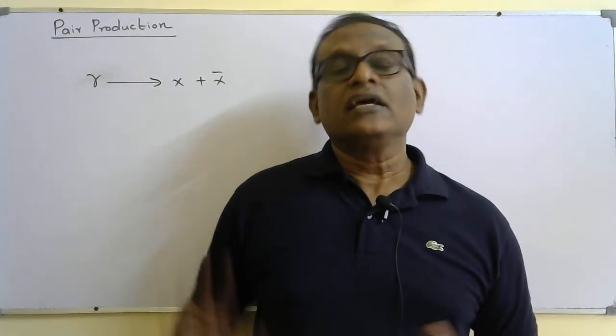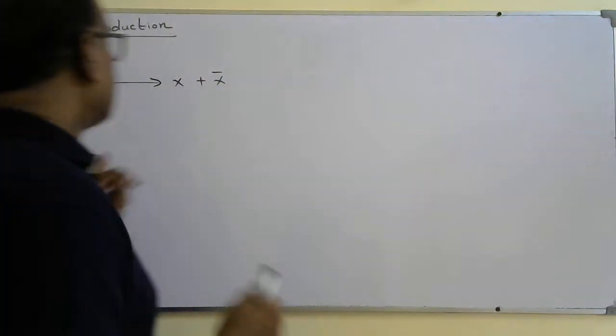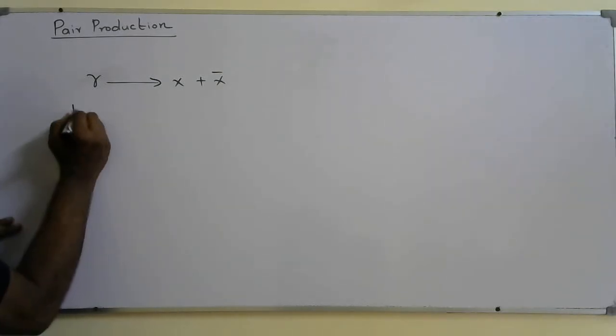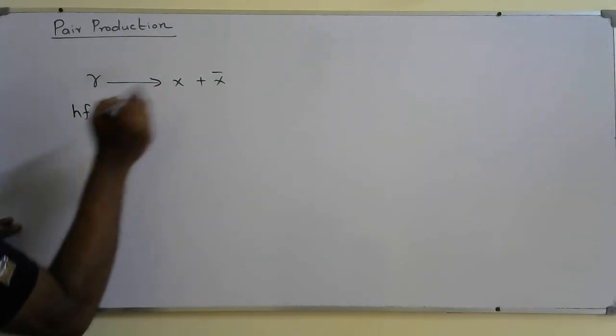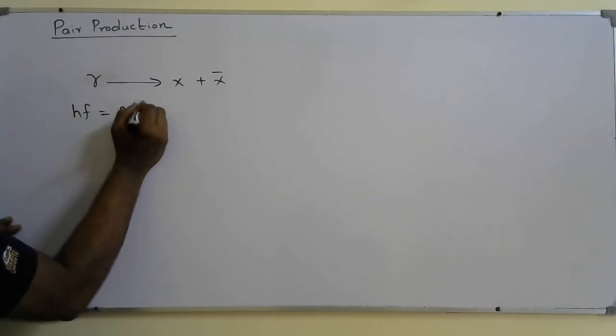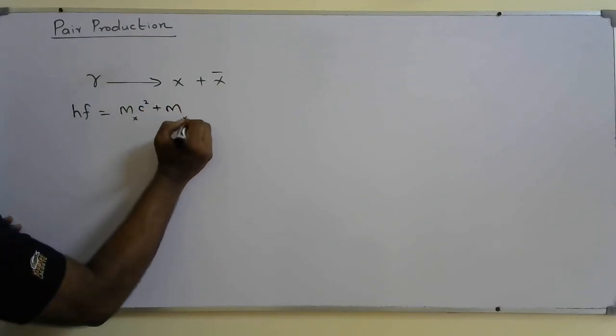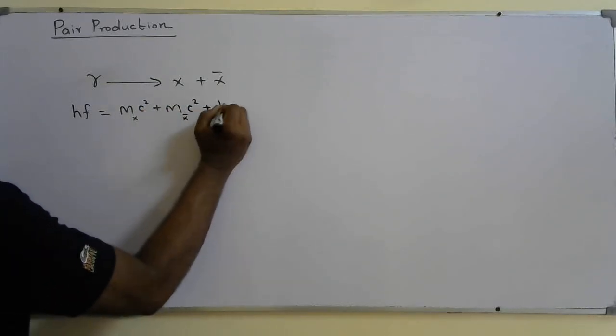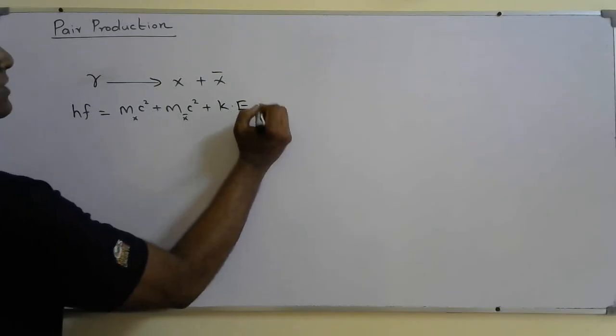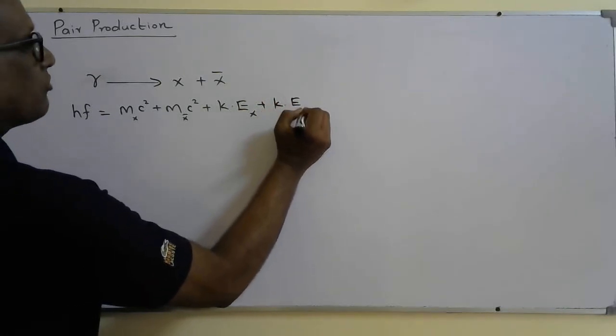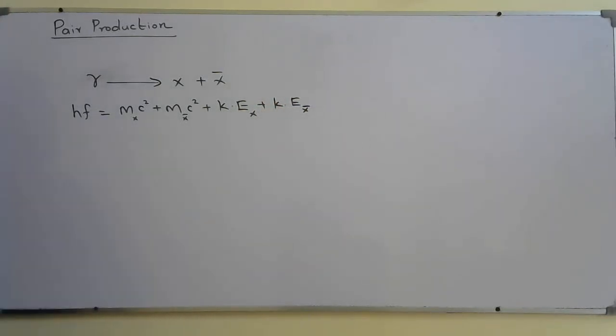So the energy of a photon, hf, is equal to mass of x c squared plus mass of x bar c squared plus kinetic energy of x plus kinetic energy of x bar. This is the mathematical format related to pair production.